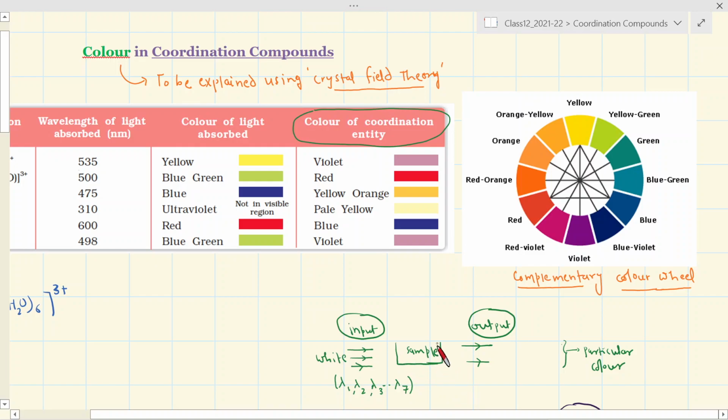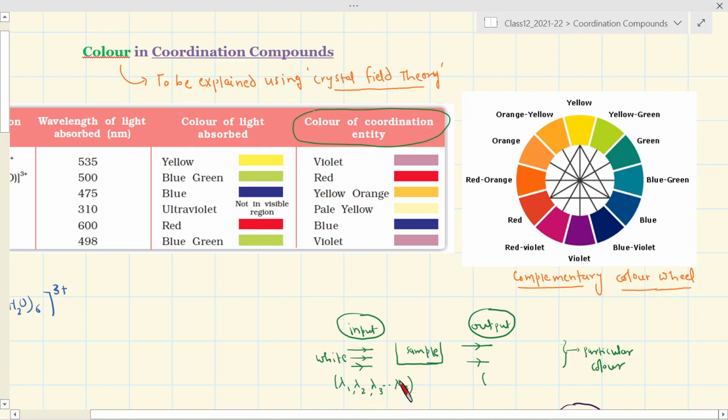And then suppose this sample absorbs a particular wavelength, for example lambda 1. If I observe the output light from the other side of the sample, I will have all the wavelengths except lambda 1.